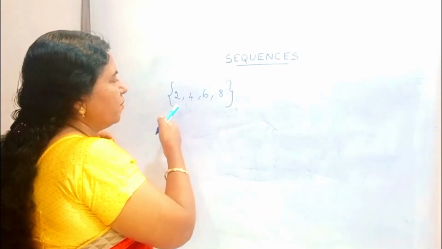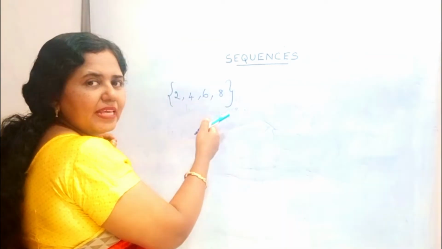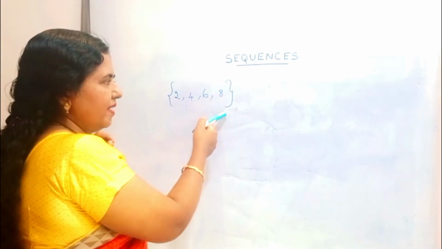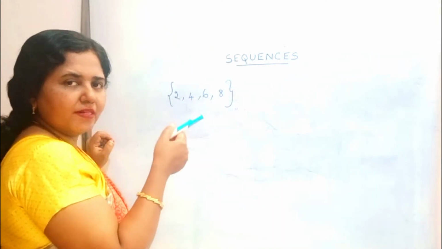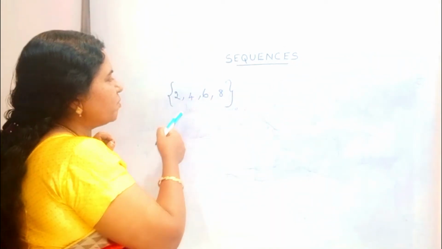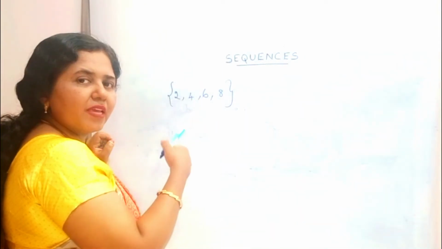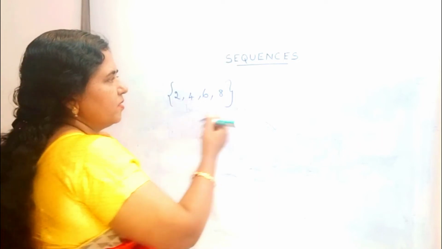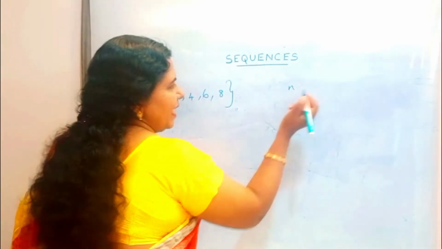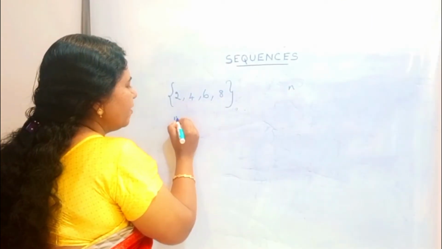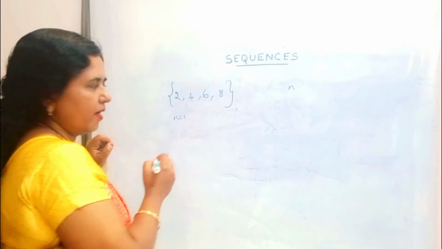Okay, so now let us consider this sequence. It is a sequence of numbers 2, 4, 6 and 8. So here there are 4 terms. In order to differentiate the position of the terms, we can use any variable. So let us use the variable n.